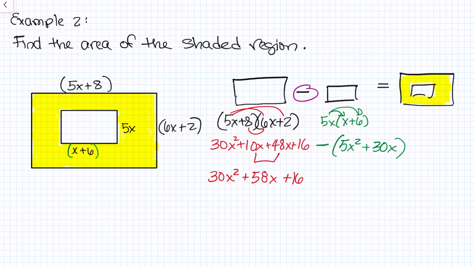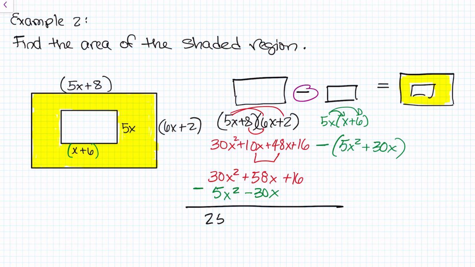So one way to do that is to write that over here and work vertically. So I'm going to say minus 5x squared and then minus 30x, and then I can just line the like terms up and work from there.